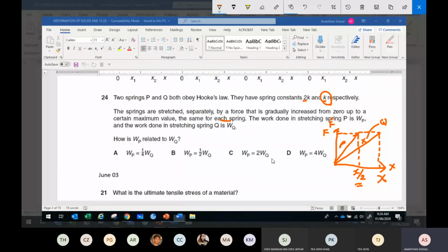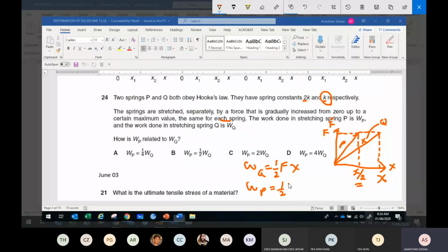Okay, so in this case, what is the work done by Q? The area under the graph. The area under the graph of Q is half FX. What is the work done by P?